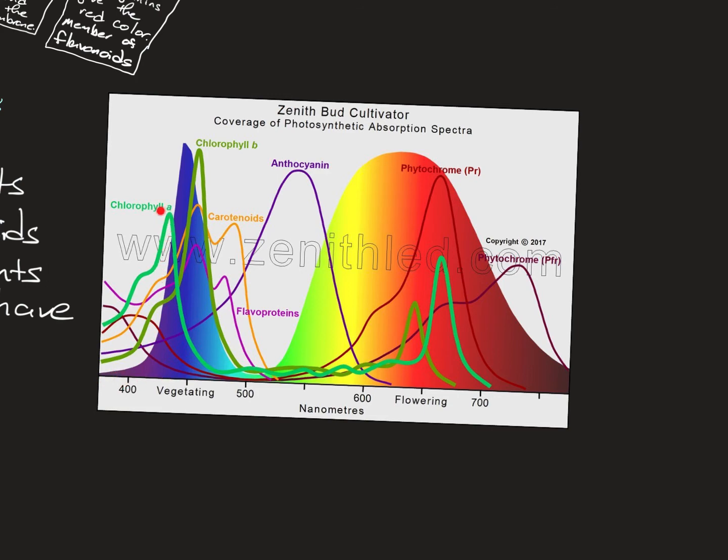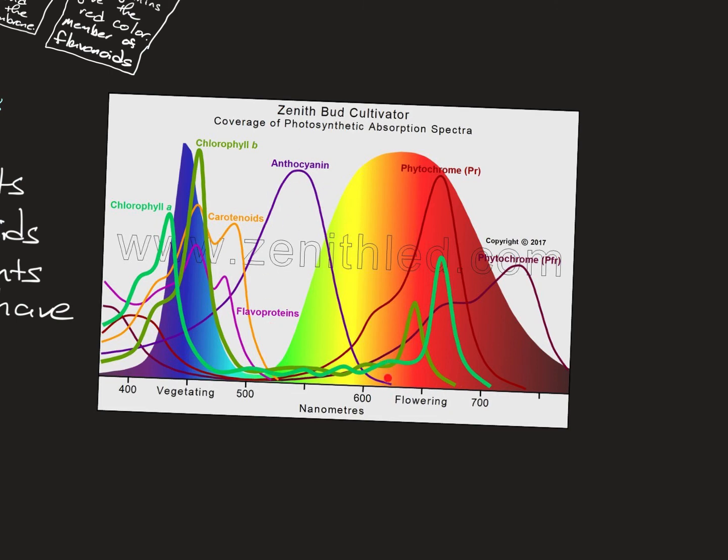And so when chlorophyll A collects energy that's around the purple-blue color, the carotenoids collect around the light blue or, as we said, blue-green region. Anthocyanin collects the green, and so it doesn't really absorb a lot of red.